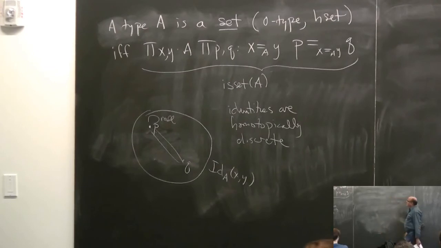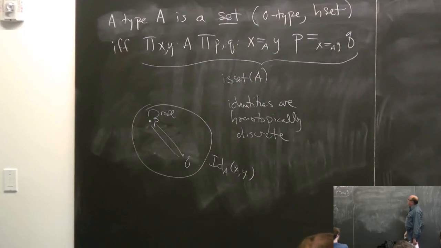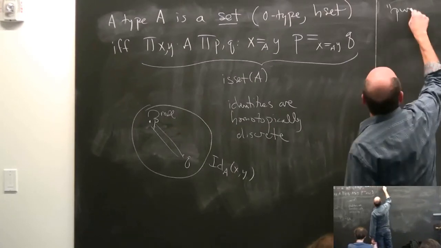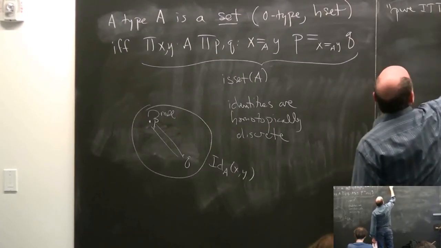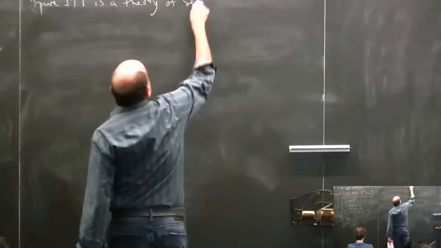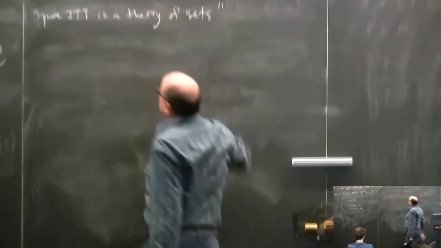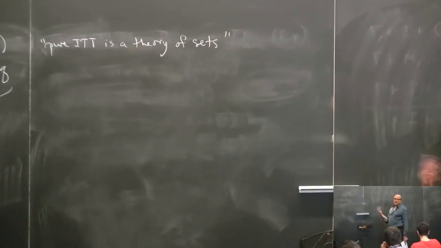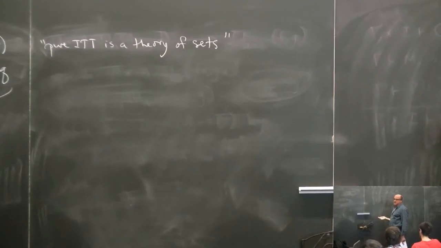So the thing that I was observing last time and I want to observe now is a property of ITT. I basically want to say approximately that pure ITT is a theory of sets. This is like, I'll put it in quotes, okay? The way I'm going to do this is I'm just going to go through all the constructions of ITT, and I'm going to say every one of those is a set in a certain sense, which I'll explain.